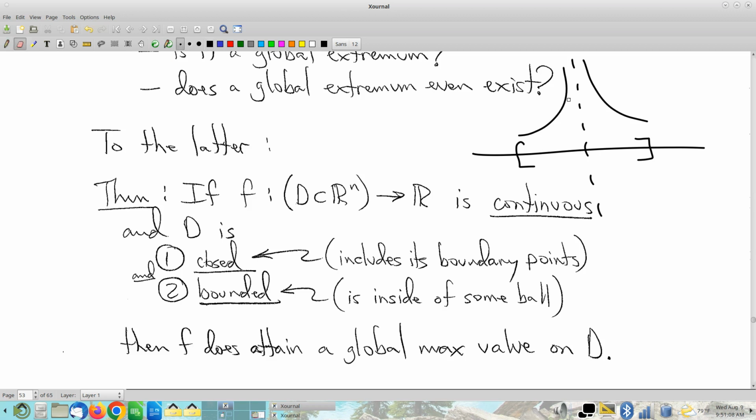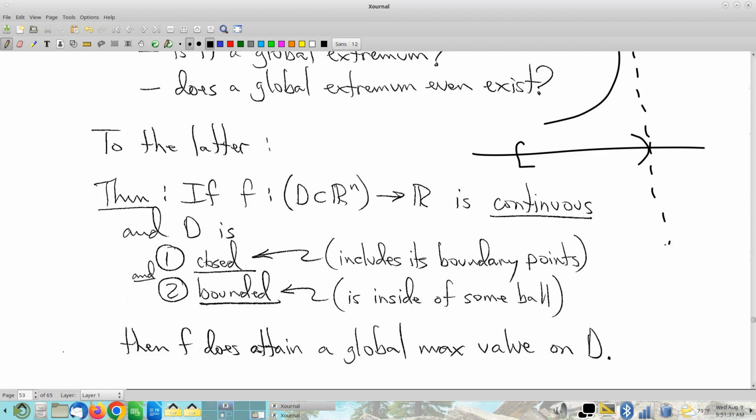Okay, why do we need for the domain to be closed? What's the big deal? Whether it's closed, that just refers to one endpoint, right? Who cares? Well, if that is not closed, then there's this possibility. You could have a vertical asymptote at that endpoint. This is still continuous.